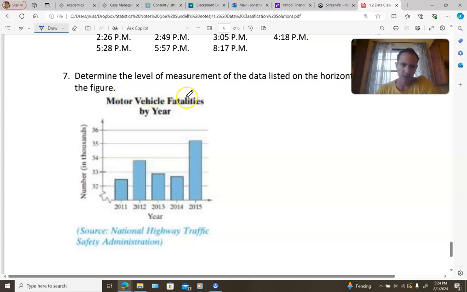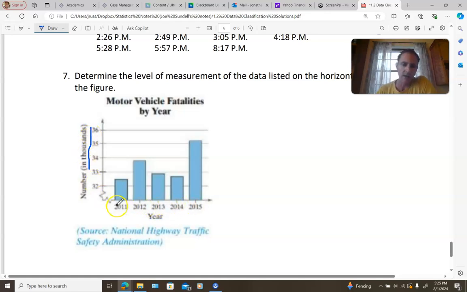It says motor vehicle fatalities by year. So what we've got on the horizontal axis are different years, calendar years. 2011, 2012, 2013. And the heights of each of these bars correspond to the actual number of automobile fatalities for each year. But notice these numbers are in thousands. Not that that's going to make a difference.